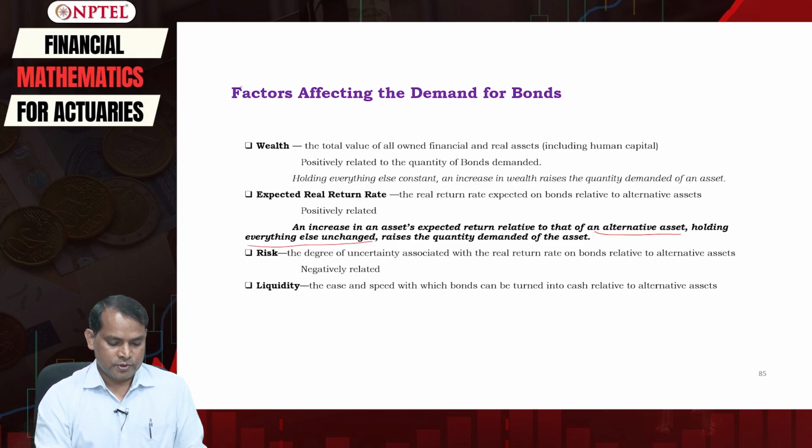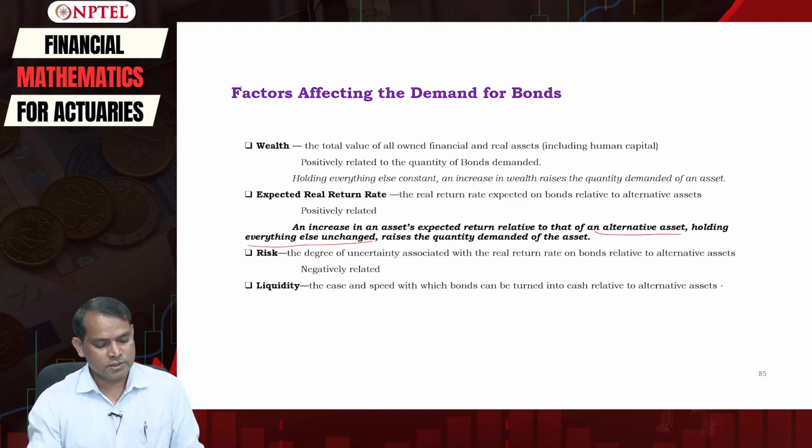And also liquidity. So what is liquidity? Liquidity, I have already explained to you, is how quickly you can convert it into cash. So the ease and speed with which a bond can be turned into cash relative to alternative assets is known as liquidity, which also influences the demand for bond.